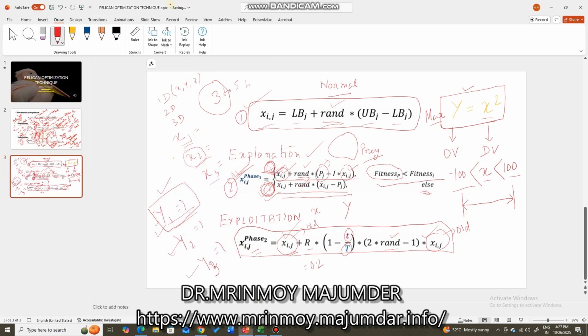And then the last step, exploitation. Again you generate an x value for each of your agents. If it is 3, 3 x values need to be generated. If it is 5, 5 x values need to be generated. And for that generation you have to use this formula, where the old x is the old x of your agents. R is 0.2, small t is the current iteration, big T is the maximum number of iterations that you have allowed.